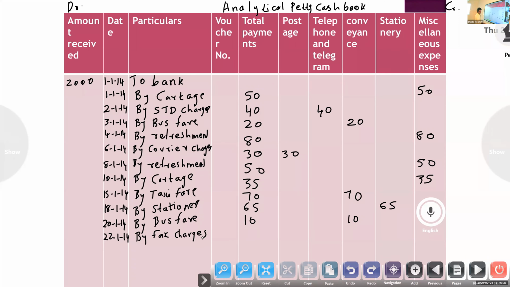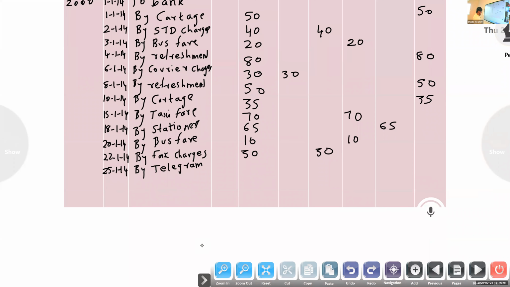Aparna, fax charges. Sir, telephone and telegram. Telephone and telegram. Next, 25, by telegram, 30, after that 35.